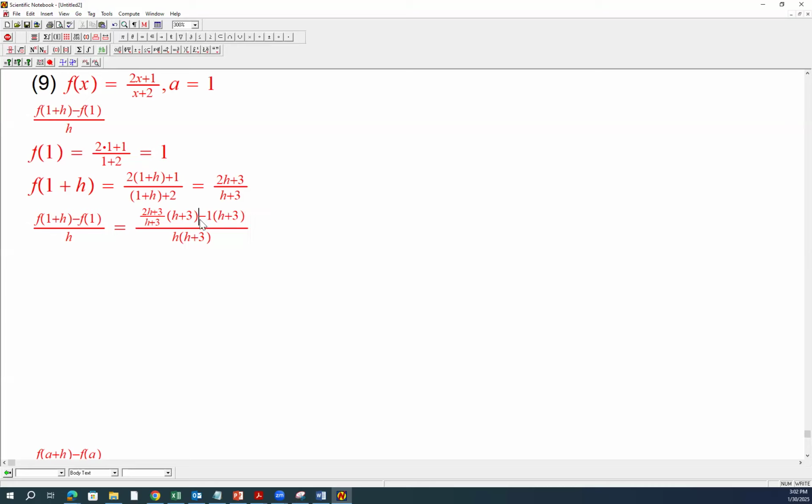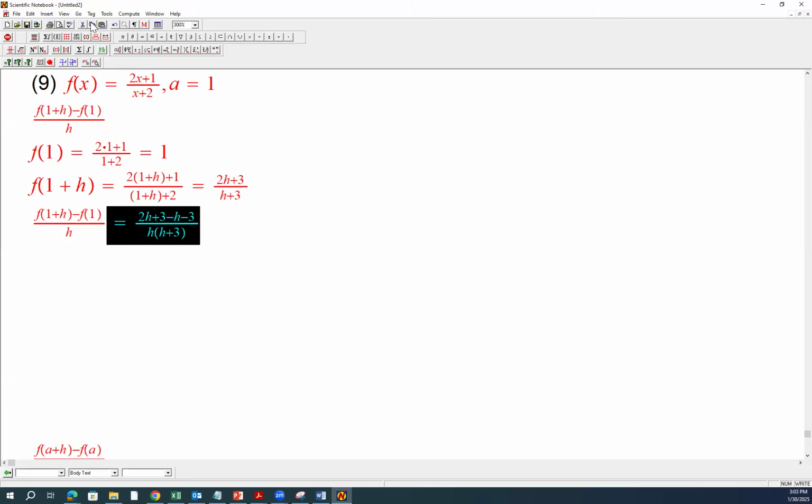And simplify. So h plus 3 will reduce with h plus 3. And this piece will just be 2h plus 3. And the second part, this is a -1, we can omit it. We can subtract the inside. So we get a -3.